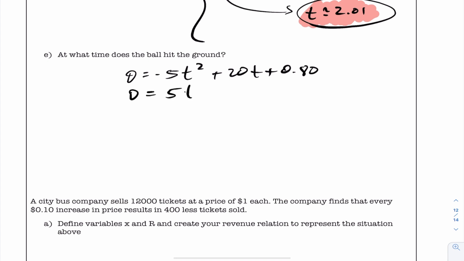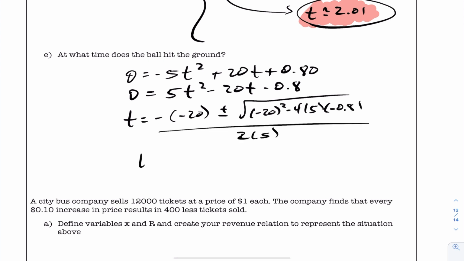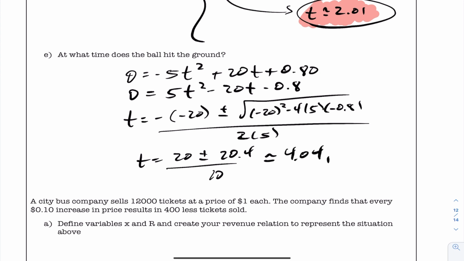Before I do that, I'm going to get rid of that minus sign as a leading coefficient, and we get t equals negative b plus or minus the square root of b squared minus 4ac, all over 2 times a, and t is going to be 20 plus or minus 20.4 over 10, and we get two approximate values here, 4.04 and negative 0.04.